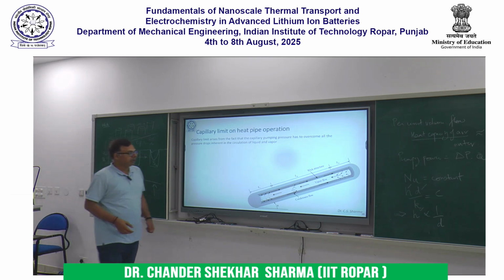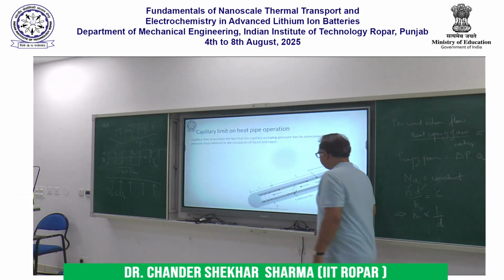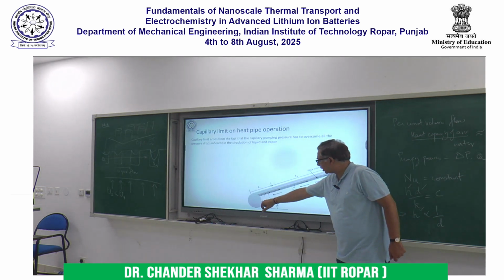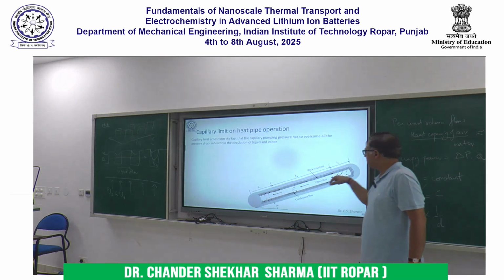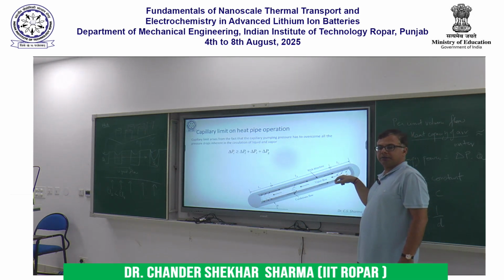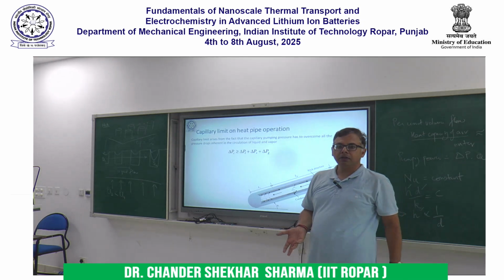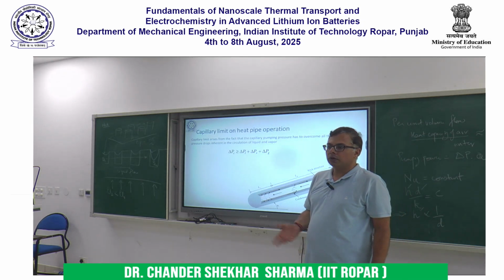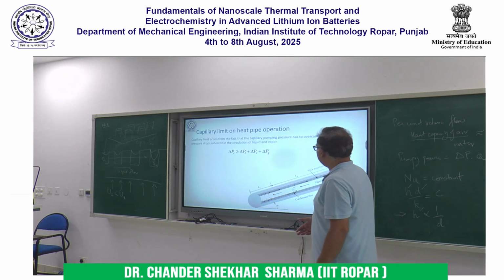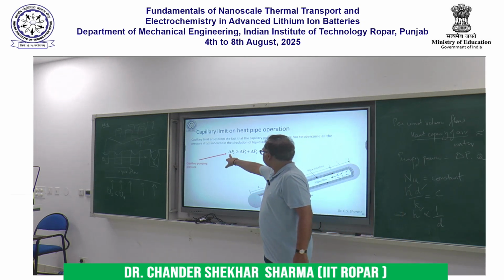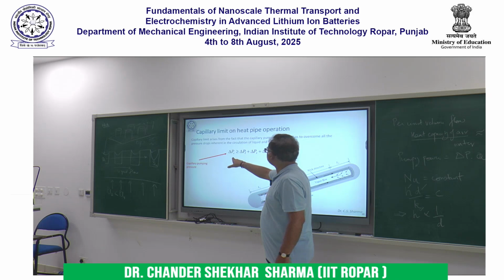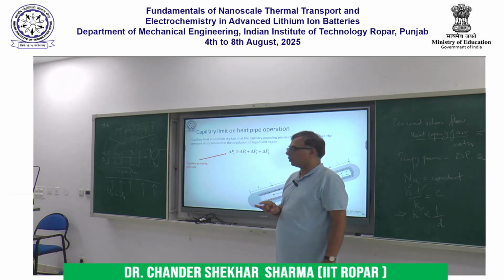Now, the job of the capillary pumping pressure is to suck the liquid through the wick from the condenser end to the evaporator end. That is the maximum driving force that is available for the working of the heat pipe. Now, this capillary pumping pressure delta Pc has to work against 3 pressure drops.